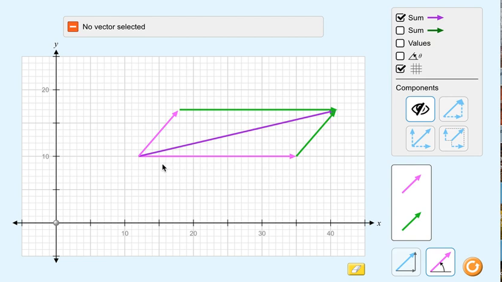So to find out how big it is, I'd use my ruler and I'd measure from there to the tip, and I would find out what that was, which is 29.6 apparently, and then I would find out what the angle from there to there is by using a protractor, and I would just measure that angle there.